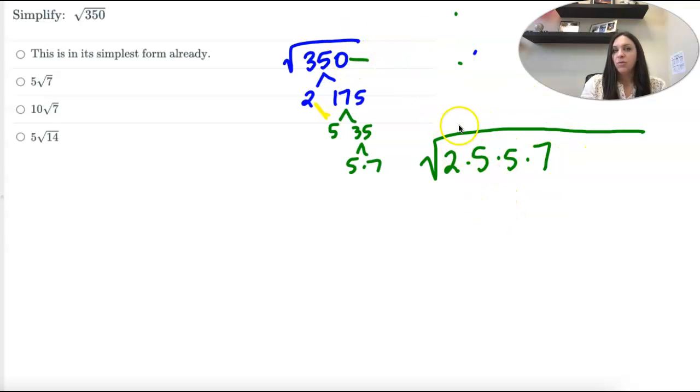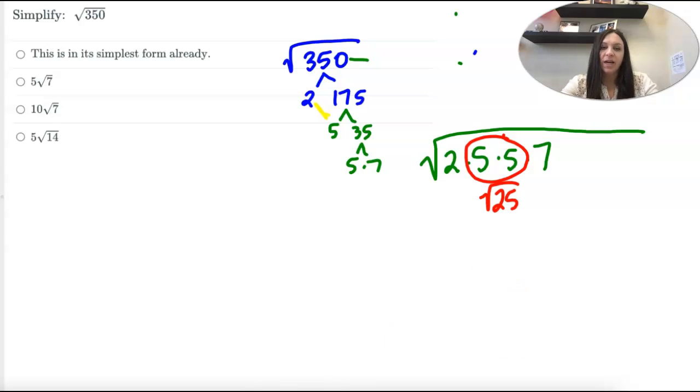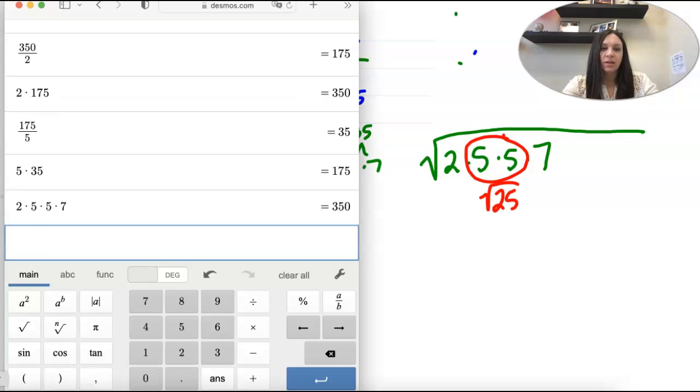So now we're going to look for pairs of numbers. So I have a pair of 5s, and I want you to think of this as really the square root of 25. Okay, so that is a perfect square. That means if I take the square root of 5 times 5, my answer's just 5.